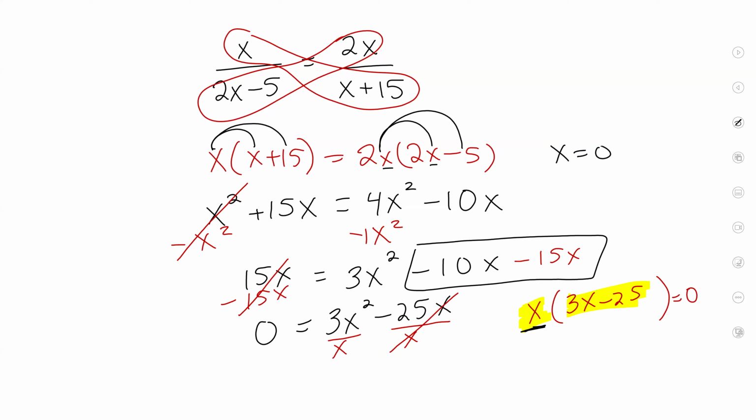There's really no solving to do. It just says x equals 0. The next one, set this equal to 0 and solve. So I have 3x minus 25 equals 0. I'm going to add 25 to both sides. So I get 3x equals 25, then divide by 3. That's my other answer.